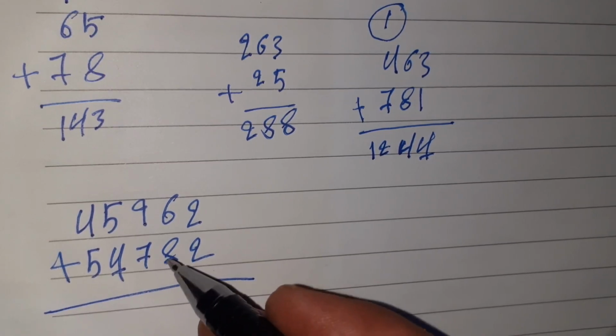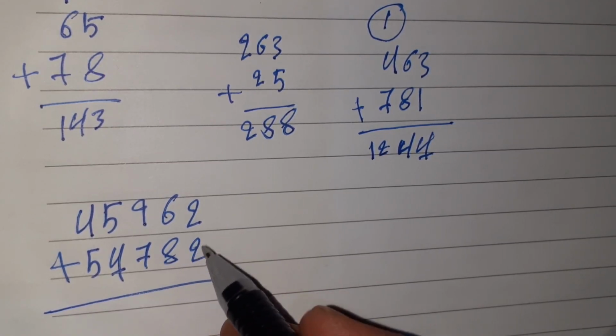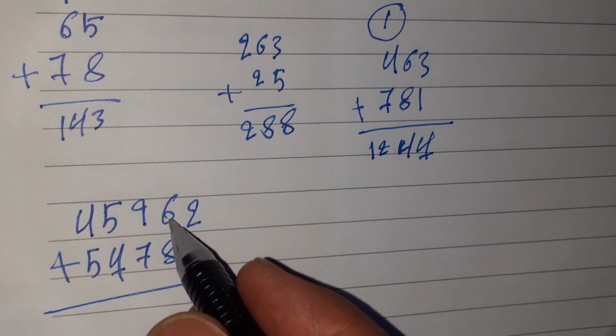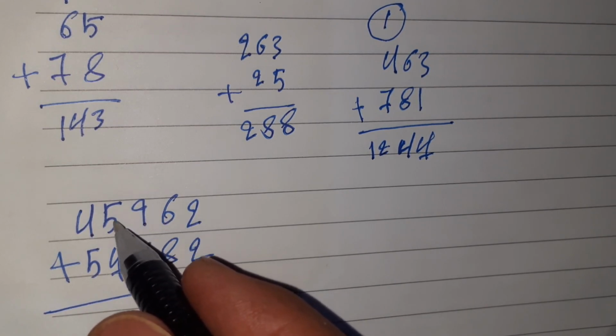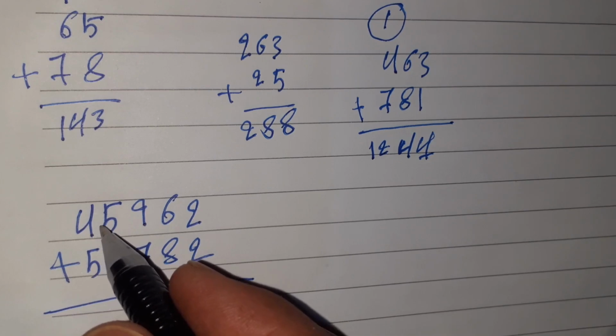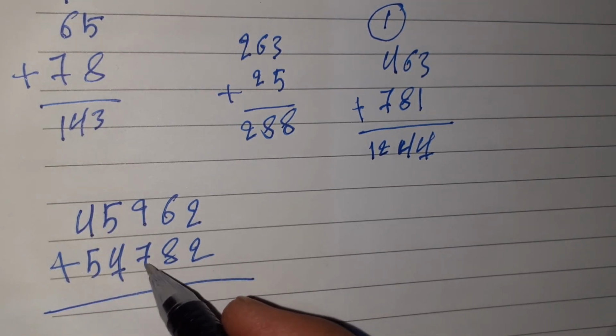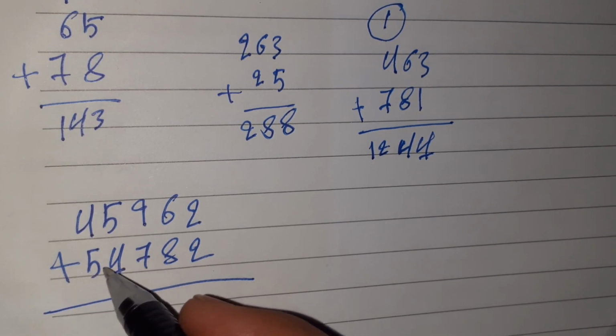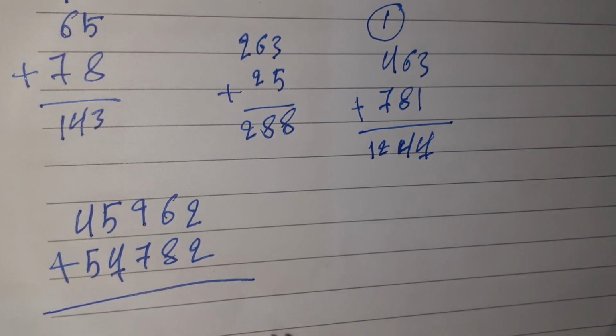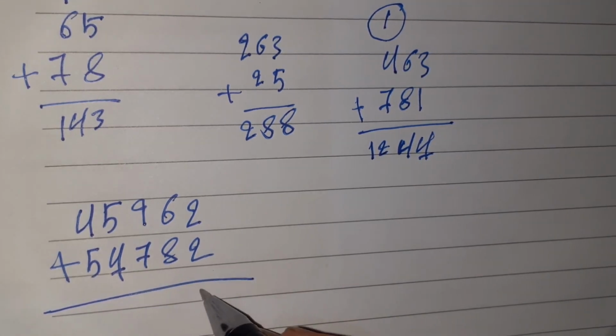This is a five digit number. Ones, tens, hundreds, thousands, ten thousands. 2 plus 2 is 4.